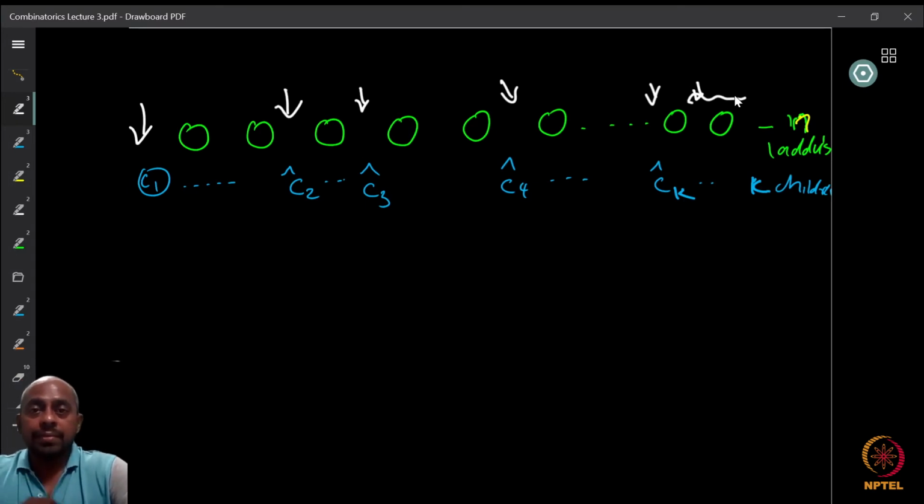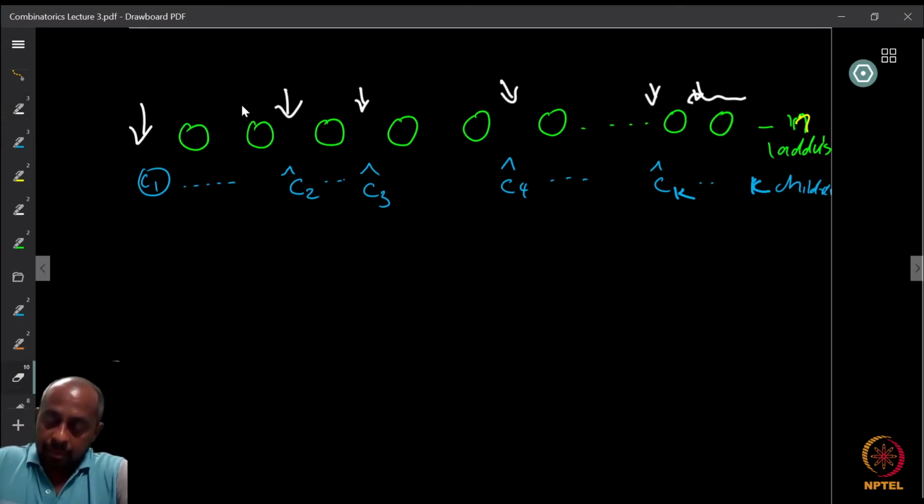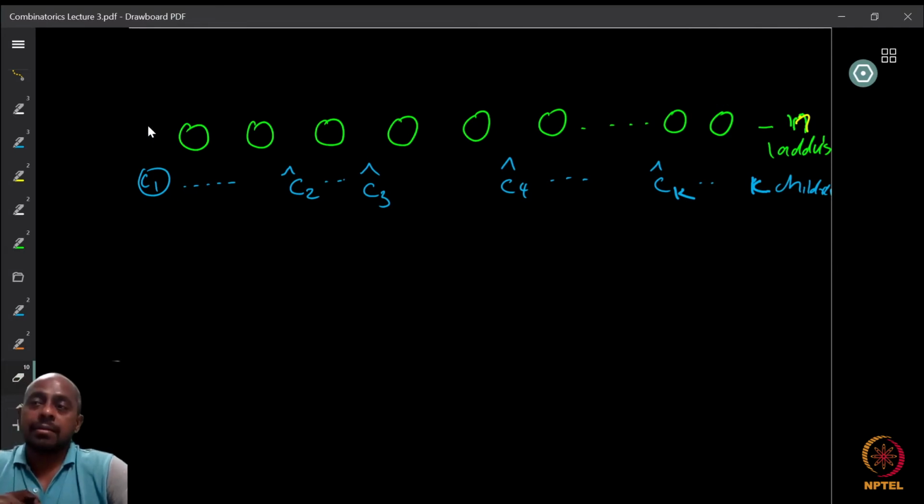Now, how many ways can this be done? This is easy, because we have to decide where each of the children starts. The first person doesn't have a choice, because he always starts at the beginning.